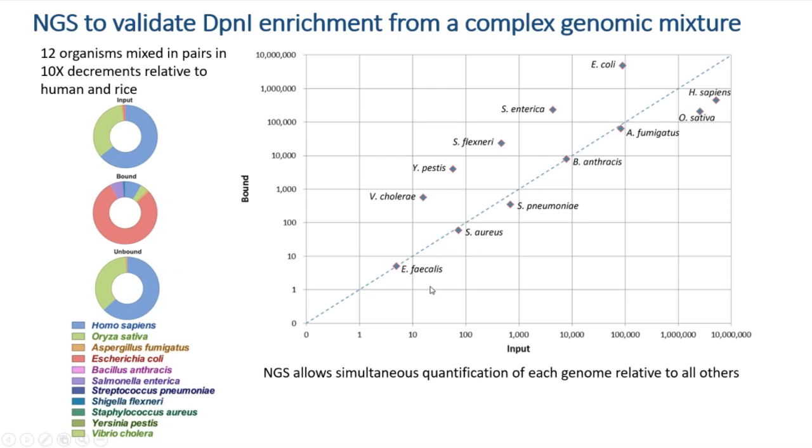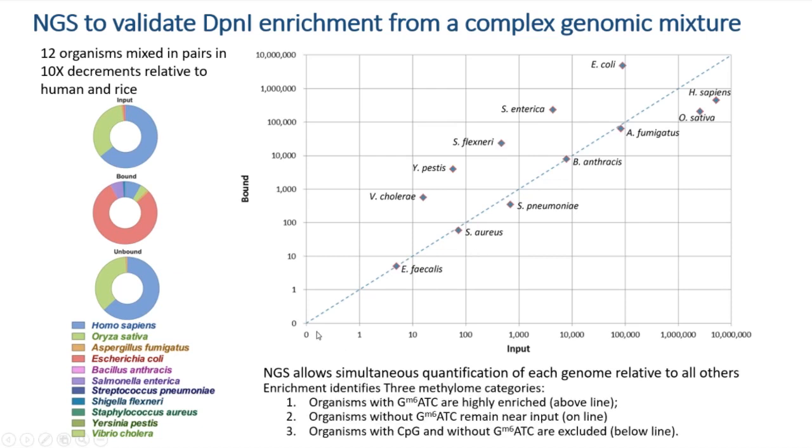So this graph on the horizontal axis is showing you the input number of sequencing reads. So for instance, for human and rice, we had put in something like 5 million reads into the NGS experiment. We were angling for 10, we got a slightly lower amount. Or I'm sorry, 5 million reads.